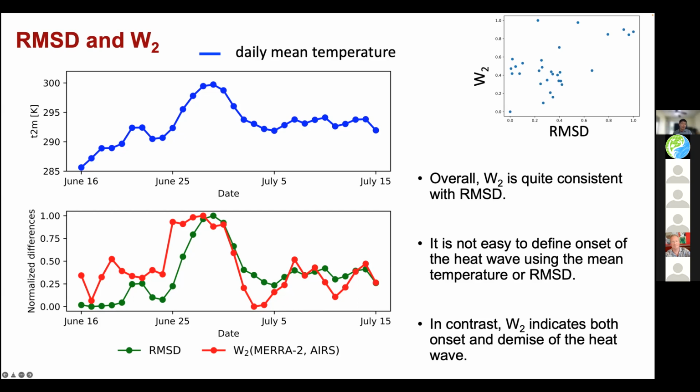However, if you look at this red curve, there's a sudden change in Wasserstein distance, which indicates that something started at this point and it ends at some point. And in the following slide, we'll see what happened around June 24, when the Wasserstein distance indicates that there's a huge topological difference between the observed temperature map and the climatological temperature map.